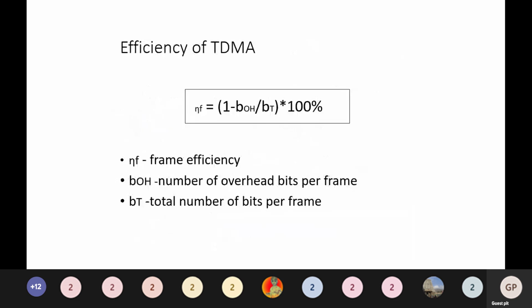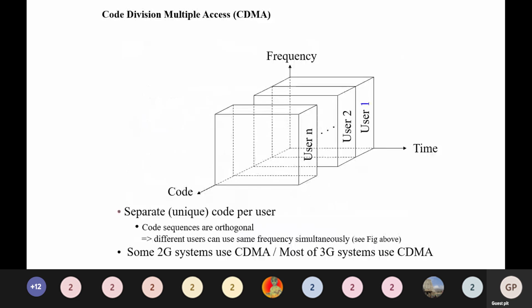Now, another thing is code division multiplexing. As you see from this diagram, in this you have separate codes transmitted for each particular user, across code, time and frequency. So there is a separate unique code per user, and the code sequences are orthogonal.